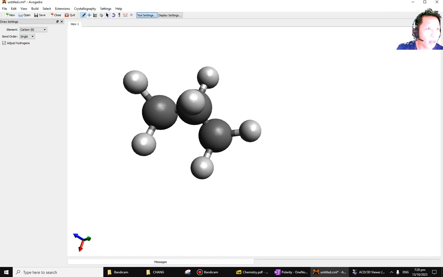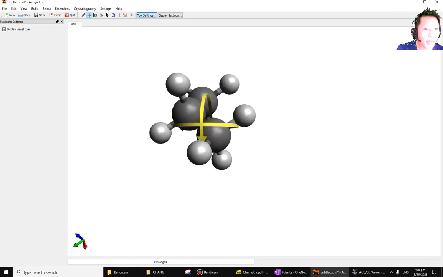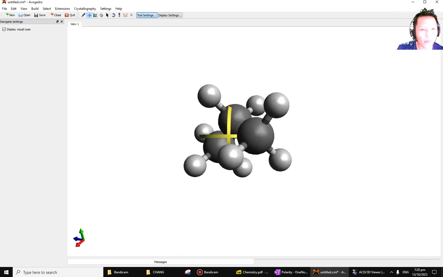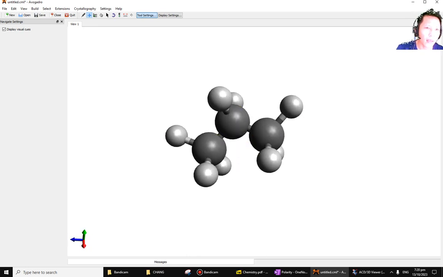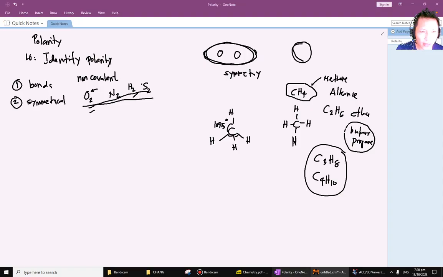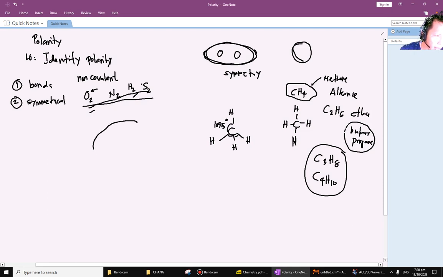If you have propane, you can see that the molecule has a symmetry. It looks like this. It somehow bulges like that, but you can see it has a symmetry. Of course, I'm not good at drawing because I'm a chemical engineer, not a civil engineer. It looks like that, but again, it has a symmetry, meaning the left and the right are still the same.